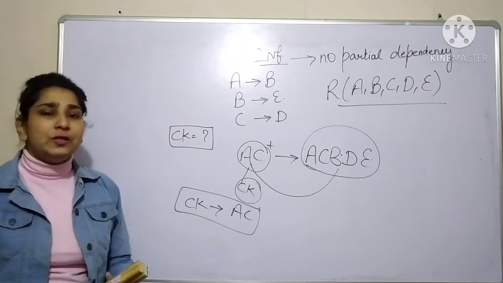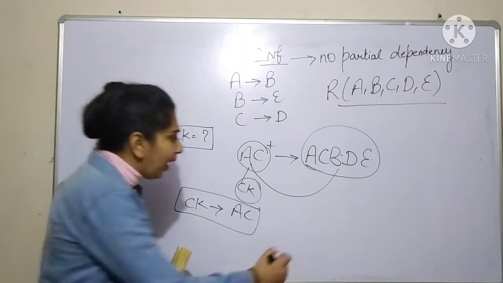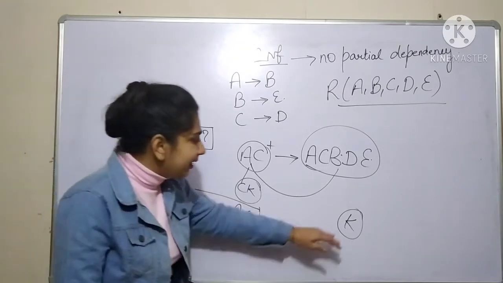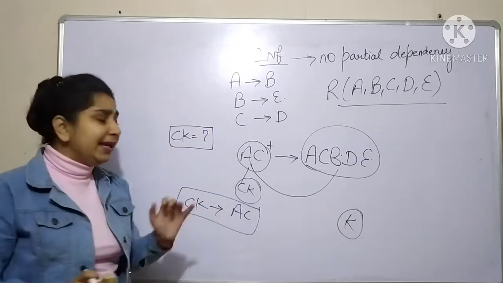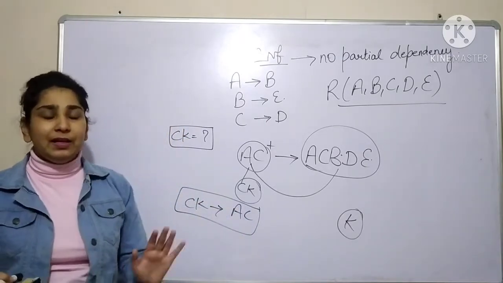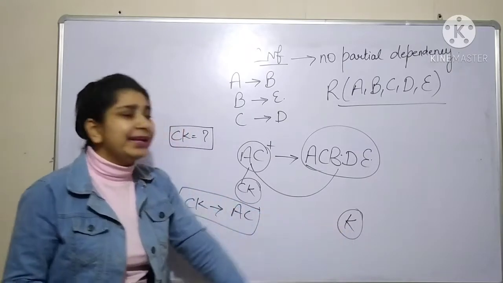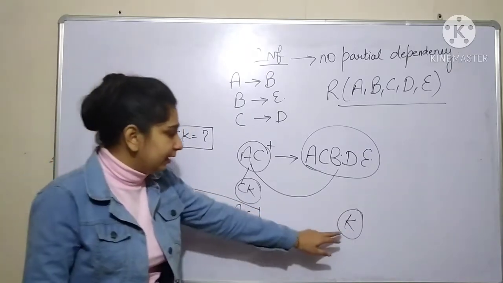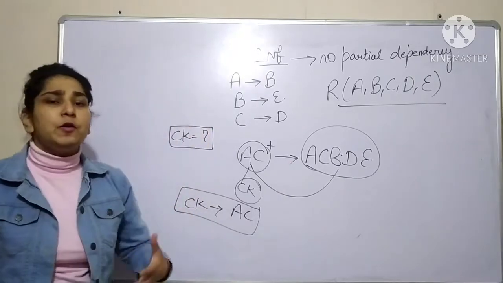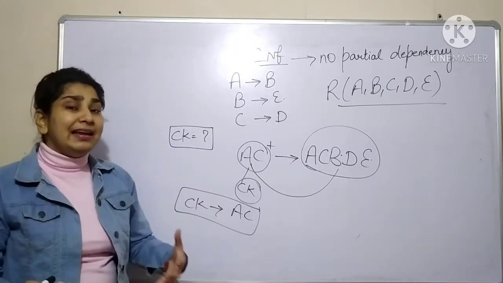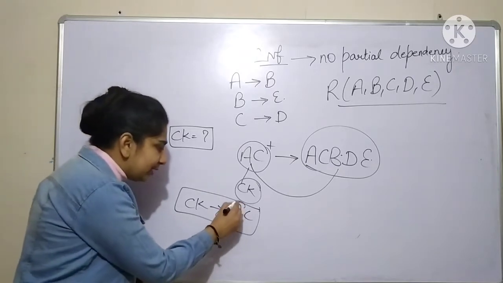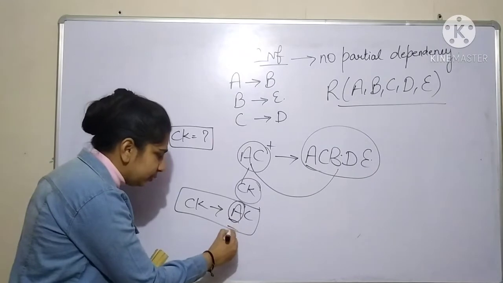If you observe one thing, if I have only one attribute as a candidate key, it means that all values of that attribute are unique. There are no two same values of that attribute. That is the simple meaning. But if we consider many attributes combinedly as a candidate key, it means that if you consider A alone, there are a lot of duplicated values present.